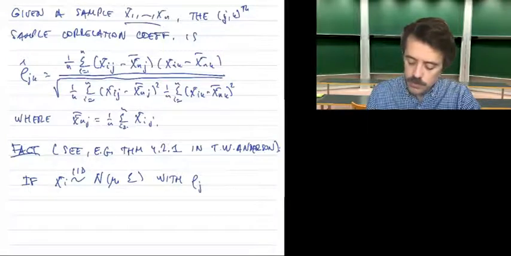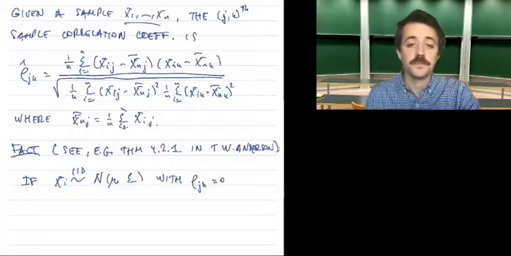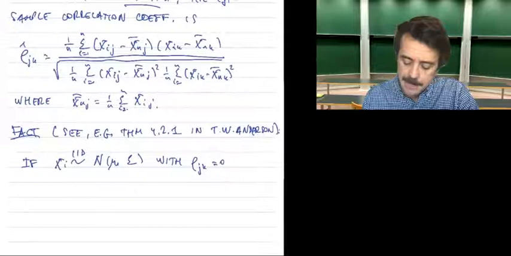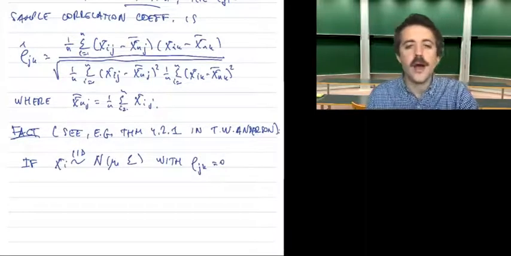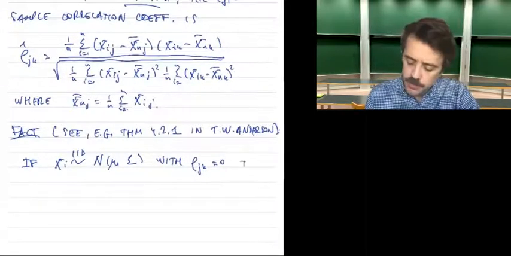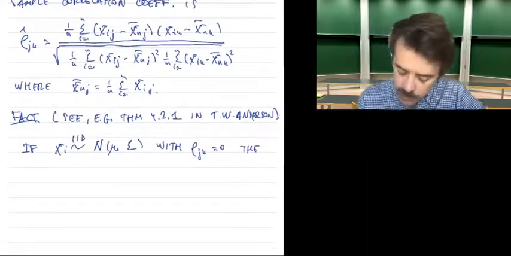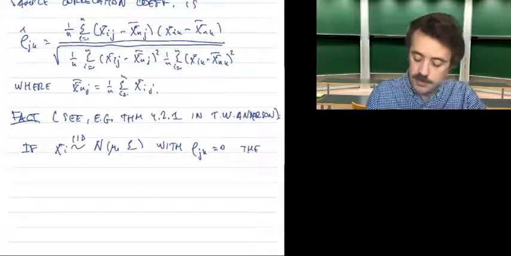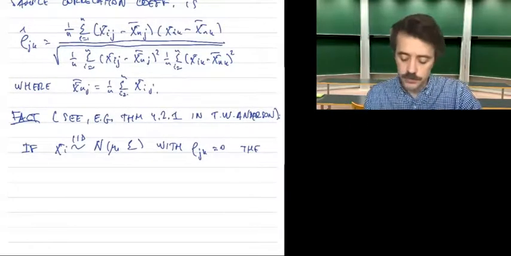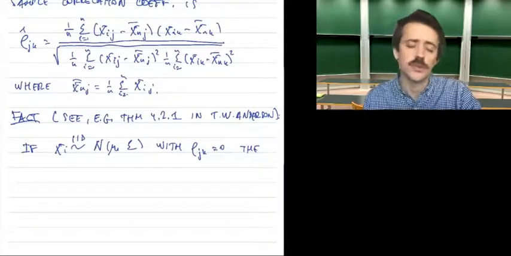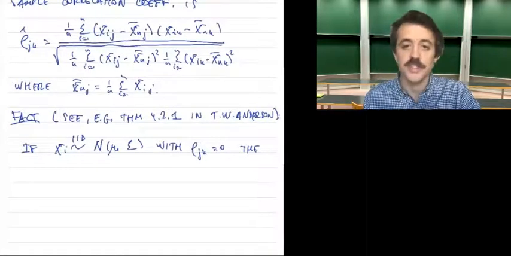Assume that rho_jk is actually 0. This condition doesn't really imply anything about the sample. It's just a condition for the theoretical covariance, although, sorry, correlation, but they would coincide here.